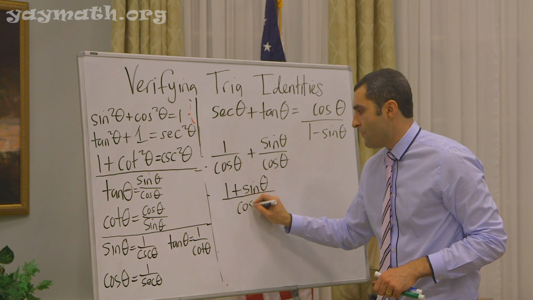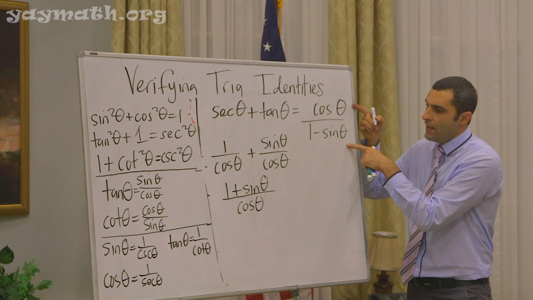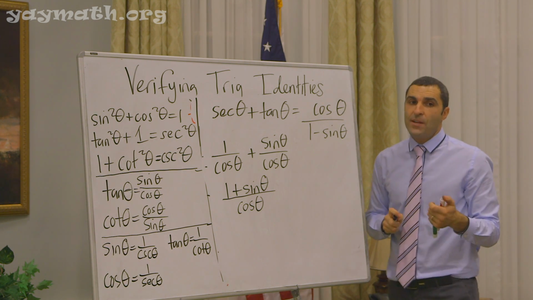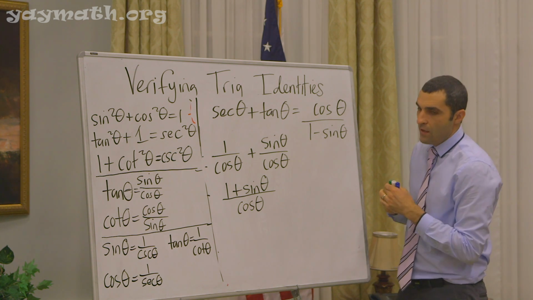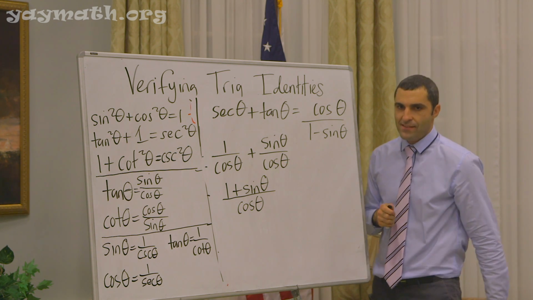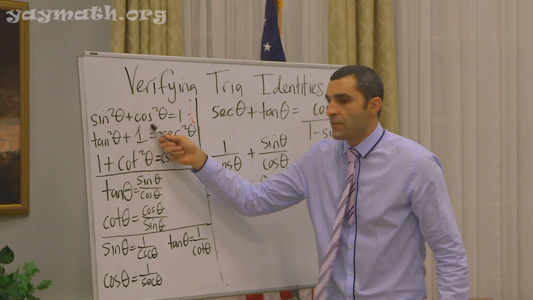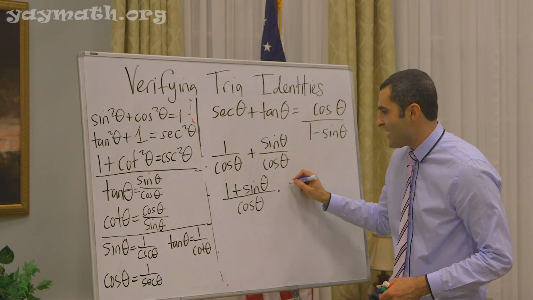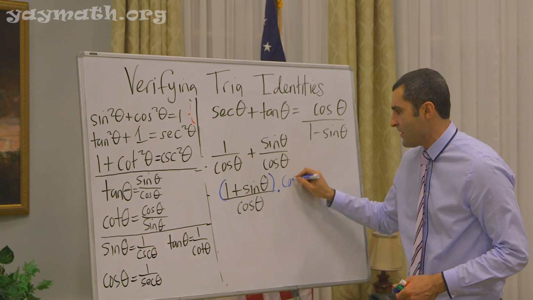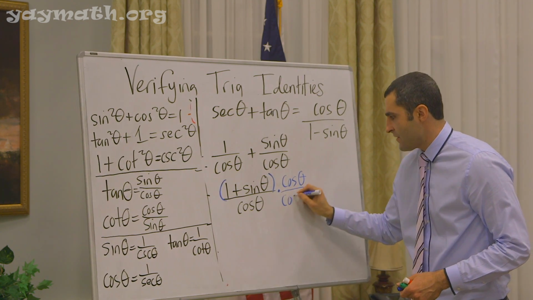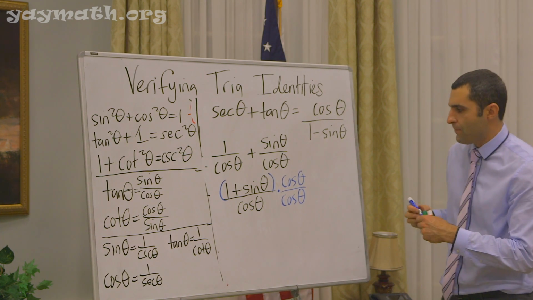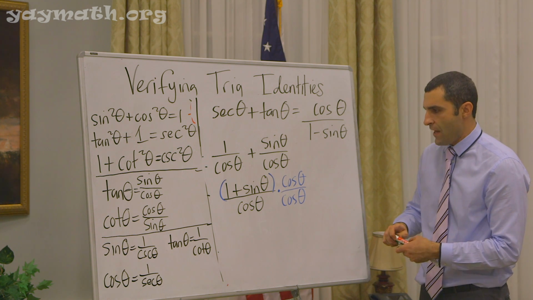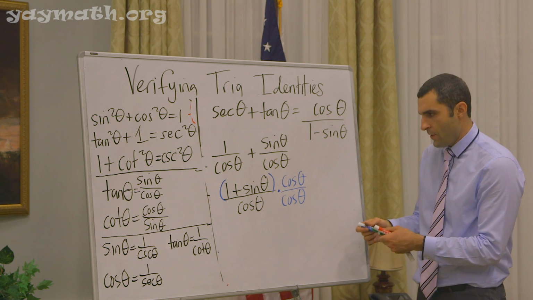Oh man, it looks like we're getting there, but we're not there. This is going to be hard, so I'm going to introduce you to what to do. I want to create an identity, so I would love to create cosine squared. If you multiply top and bottom by cosine, let's leave it factored.